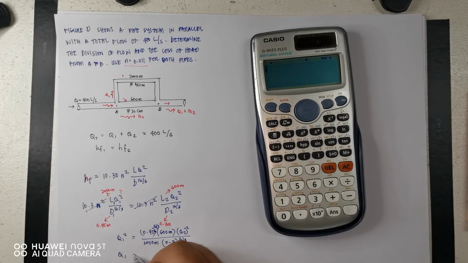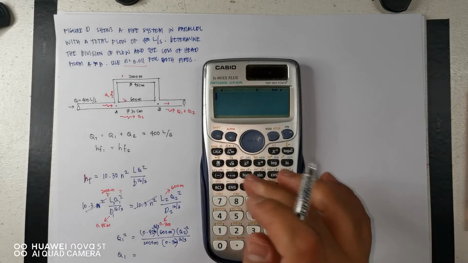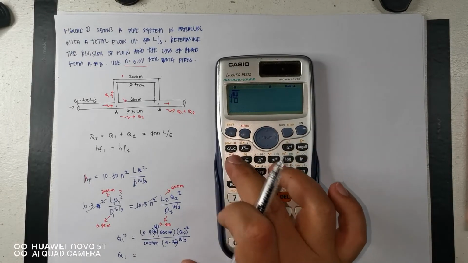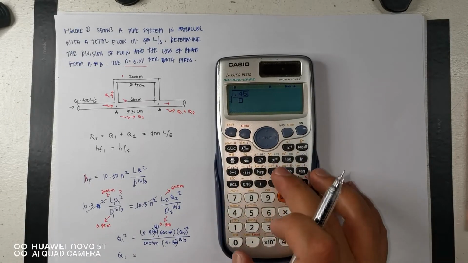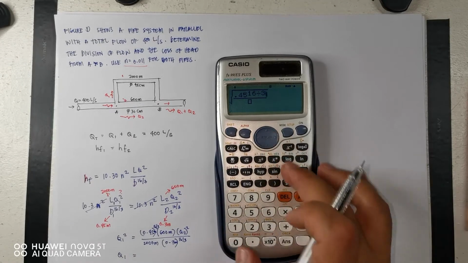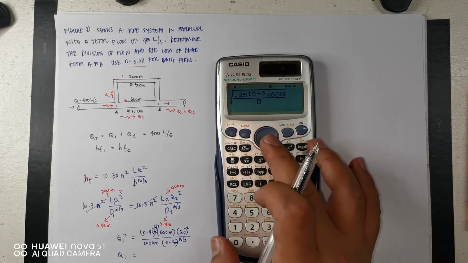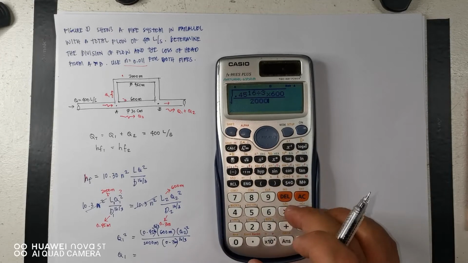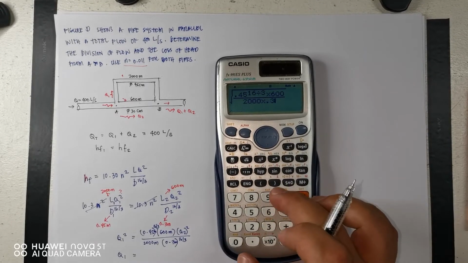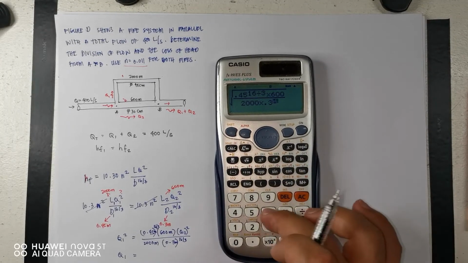So kapag sinimplify pa natin yan, we will have a square root of 0.45 to the 16/3 over 600 over 2,000 times 0.3 to the 16/3.